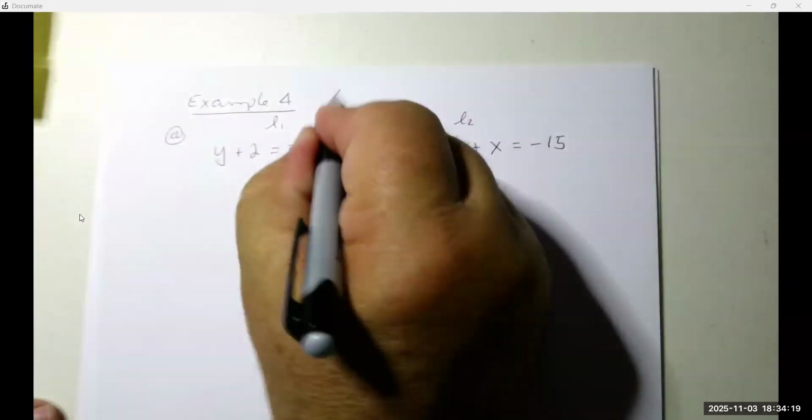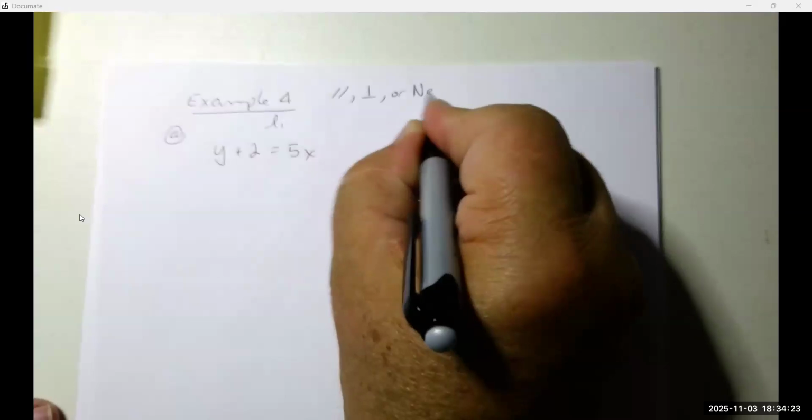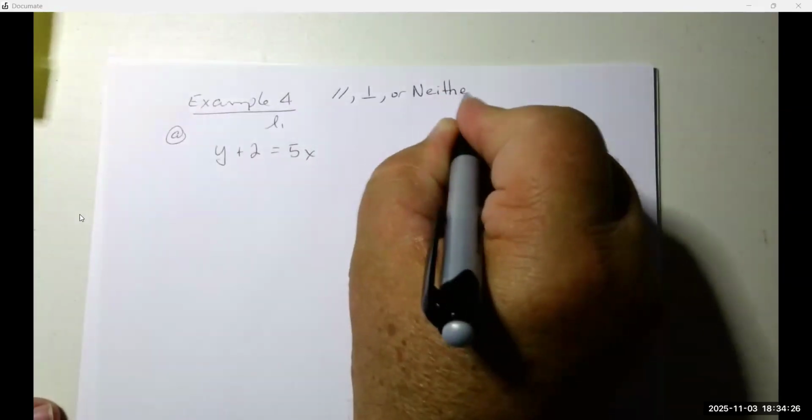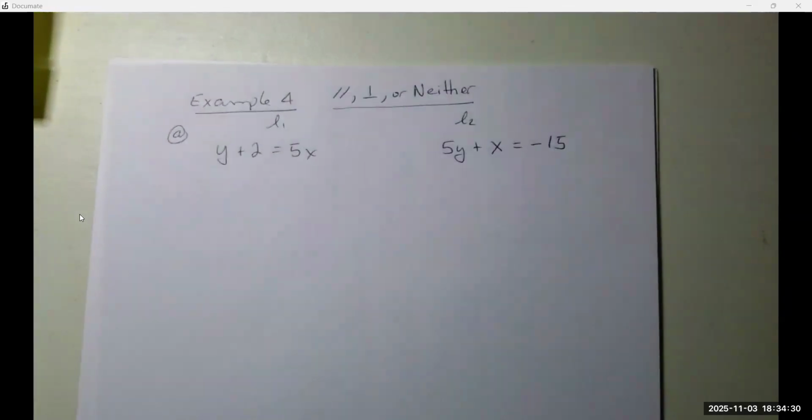Tell me if they're parallel, perpendicular, or neither. Let me give you a hint. If you did these already, that's okay, but don't answer these because you've already had some time to think about them. I want people who haven't done this yet, who this is fresh in their heads.